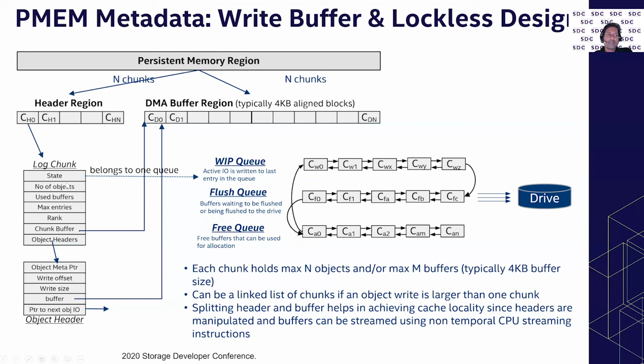Each one of those log chunks actually points to all the outstanding operations that point to object metadata, and then it also points to the buffer that holds the data for a given operation, pointing to the specific chunk. This design blends very well, where you can actually look at centralizing the write buffer. Let's say you have one or two dedicated write buffers coming from, let's say, Optane SSD.